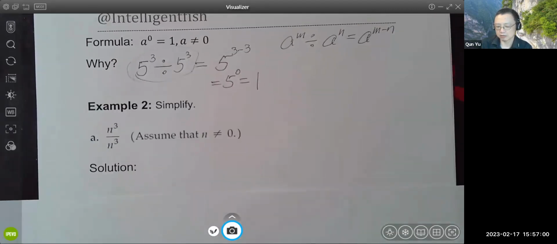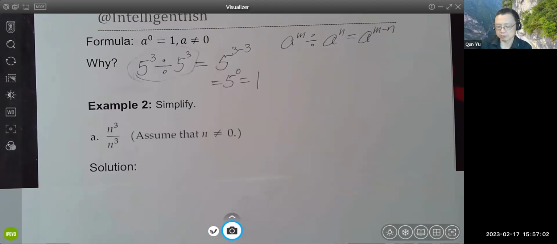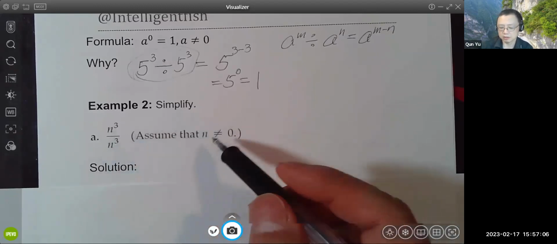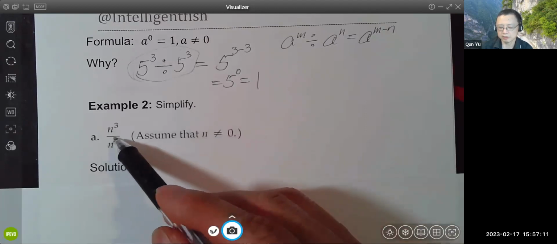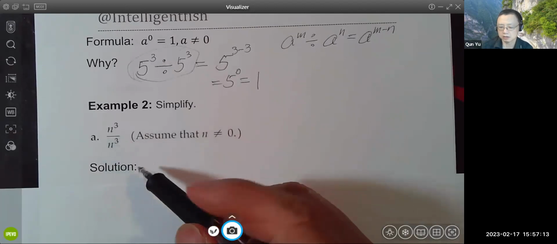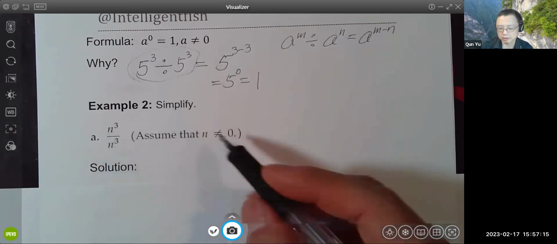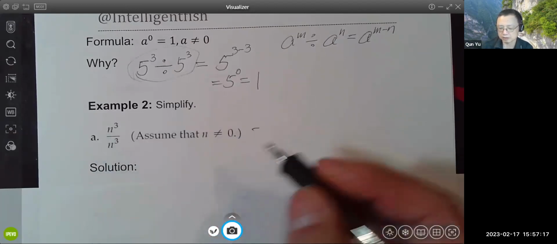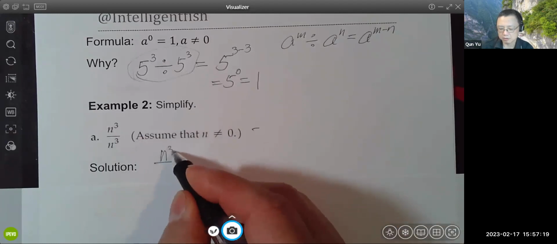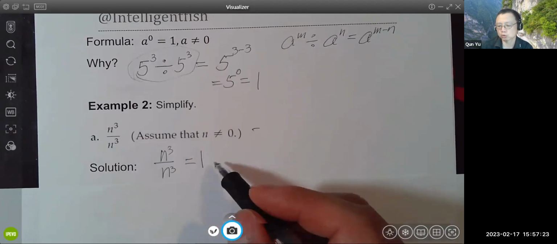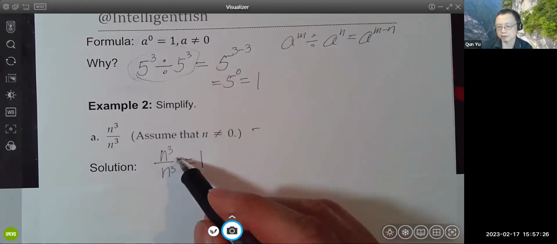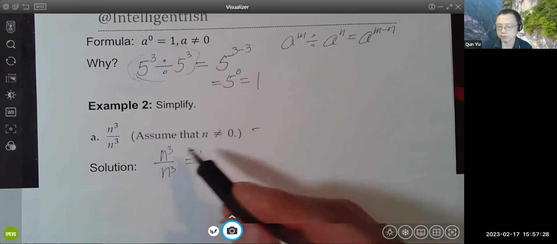Now let's look at our second example here. n cubed divided by n cubed. And we assume that n is not 0, so we don't need to worry about this divisor being 0. Something divided by itself, we don't even need to apply the formula. This is just common knowledge now. Something divided by itself is 1. If you want to write one more step, this will be equal to n to the 0, right?